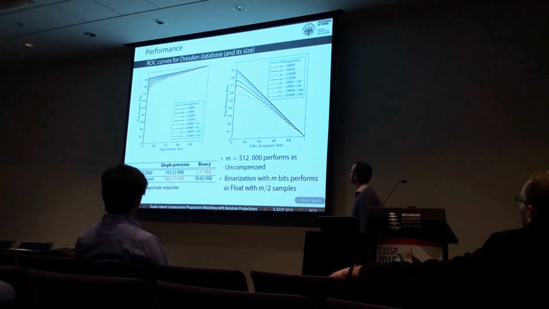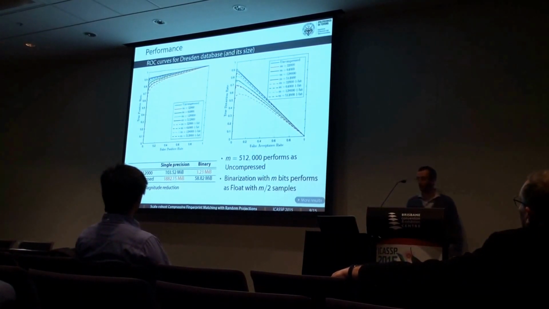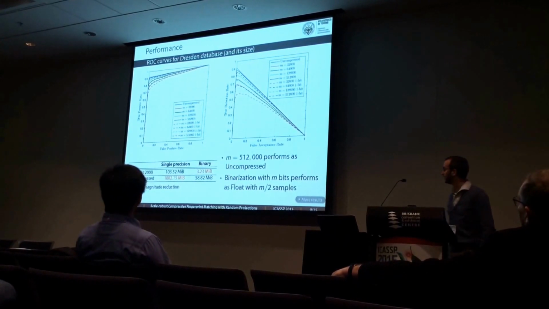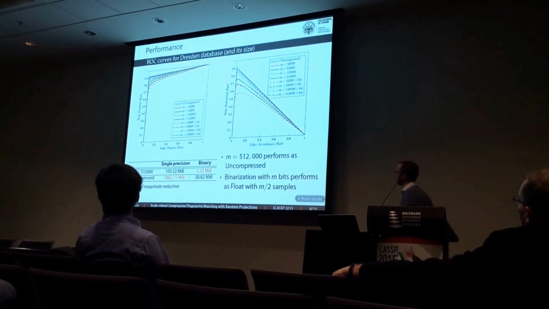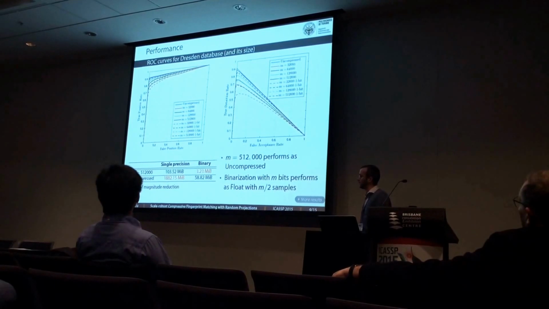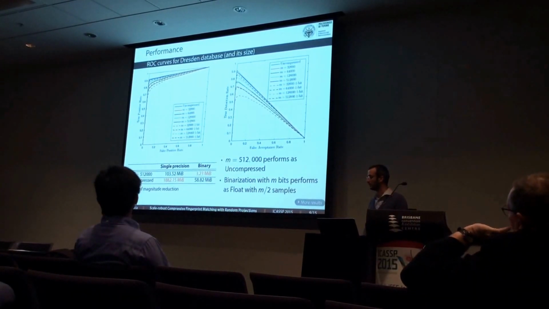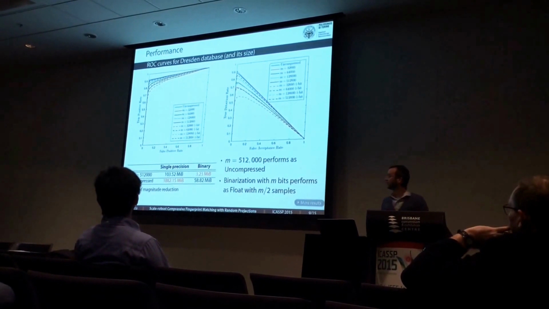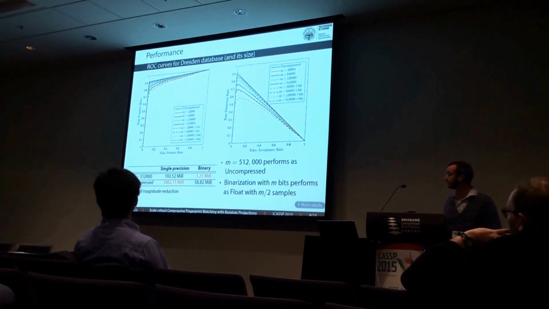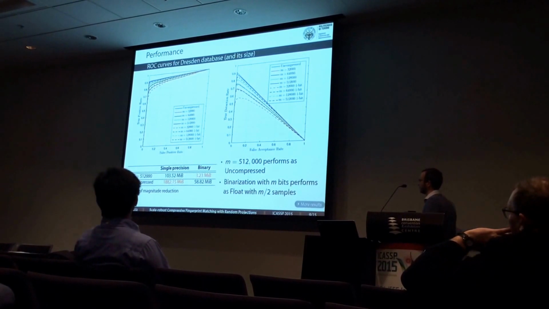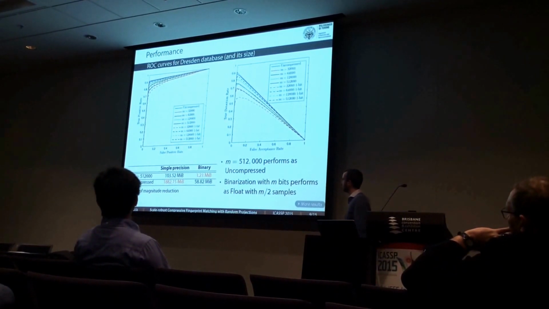From these pictures, we can see two things. Of course, the uncompressed system is the one that performs better, but we can also see that using 500,000 more or less measurements of these fingerprints performs almost the same. So we have reduced the size quite a lot.